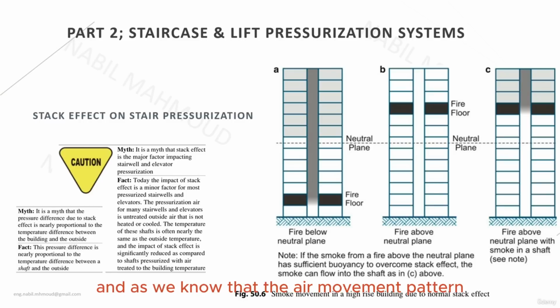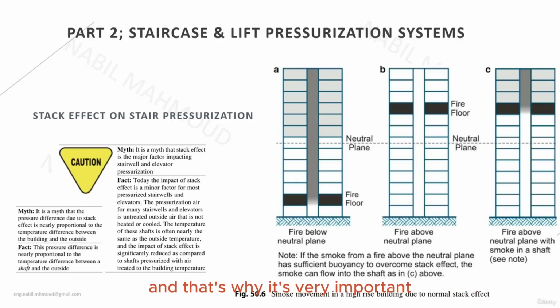And as we know, the air movement pattern in the normal stack effect is that air and smoke will move upward from bottom to top. That's why the smoke will spread quickly through the vertical shaft from bottom to top, and after this, it will start to spread horizontally on the top floors. That's why we can see that the top floors have smoke accumulation, although there is no fire on the top floors in figure A. And this is the danger of the stack effect.